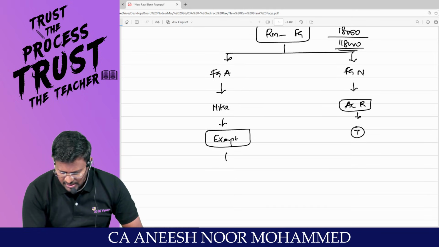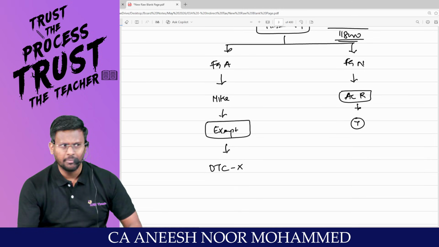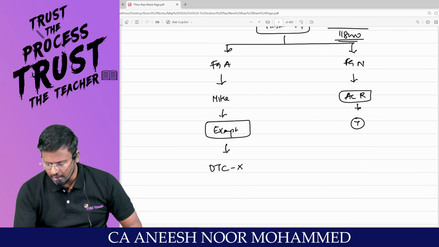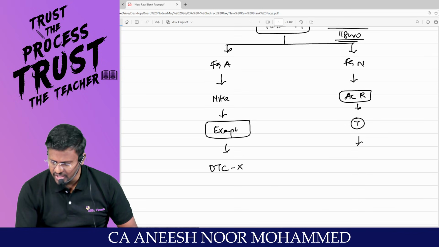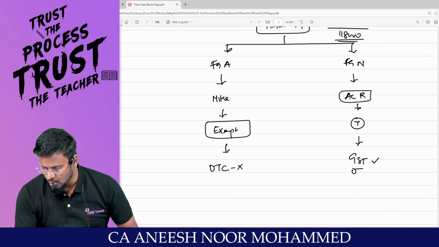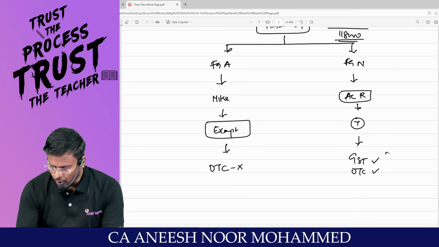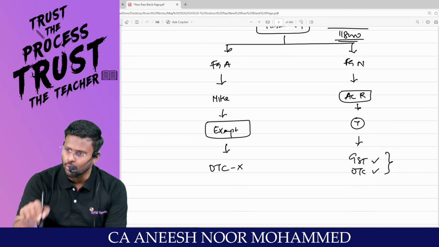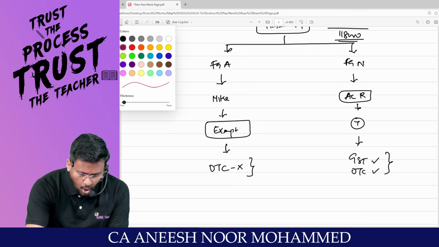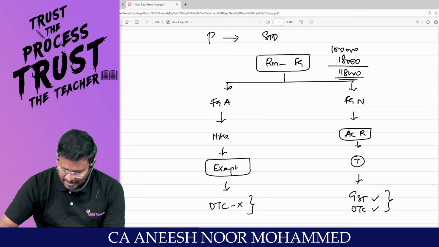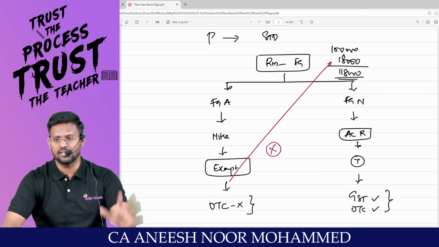That means when you sell the mic, will you collect output tax? No, sir. Because it's an exempted product. My dear lovable students, when you sell the AC remote, will you collect GST? Yes, sir. That means you will be collecting output tax. Let me ask you a question. For this, you are collecting output tax, but for this, you are not collecting output tax. If no output tax has been collected as per the GST Act, you are not entitled to take the ITC.